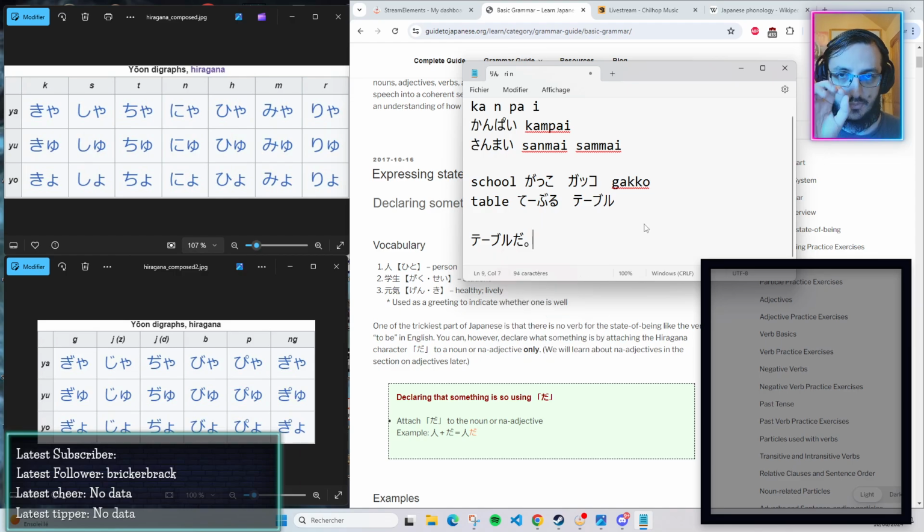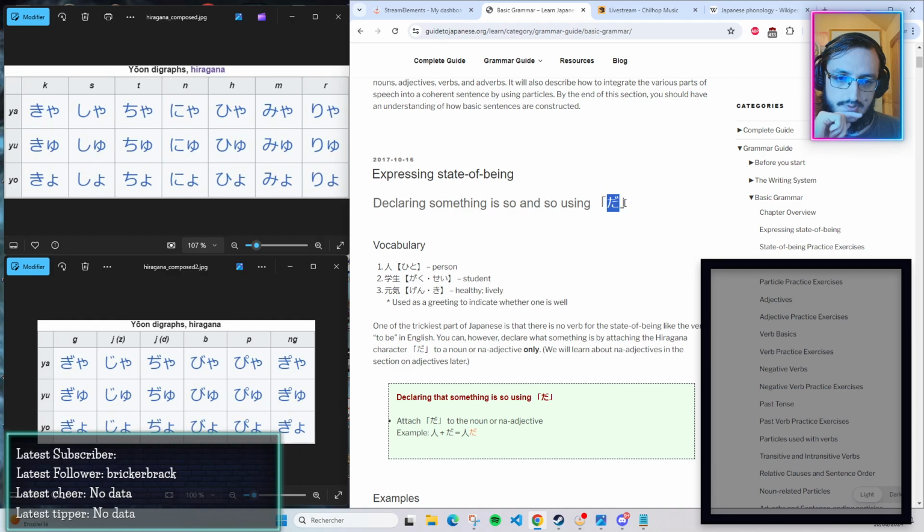And the dot at the end of the sentence is a little circle, but it's the same as the dot in English. So this is a table. Table da. Table da. That's it. So the da has the function to declare something in Japanese.